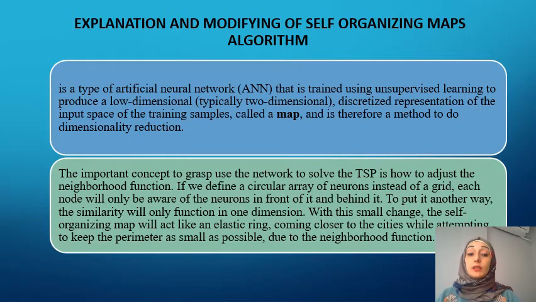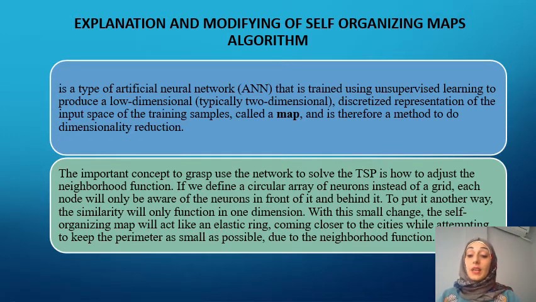Explanation and modifying the algorithm. Firstly, we must define the algorithm. It is a type of artificial neural network that is trained using unsupervised learning to produce a low-dimensional, typically two-dimensional, discretized representation of the input space of the training samples, called a map, and is therefore a method to do dimensionality reduction.